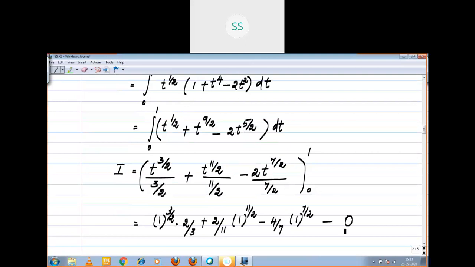Upper limit first part, minus 0 is the lower limit. Now, 1 raised to anything, you will get it as 1.